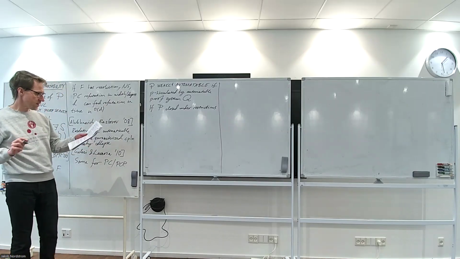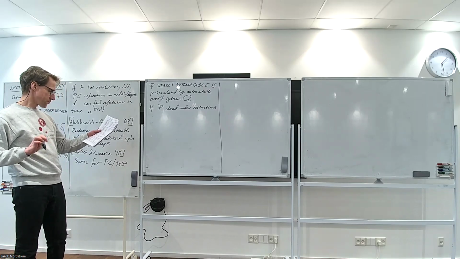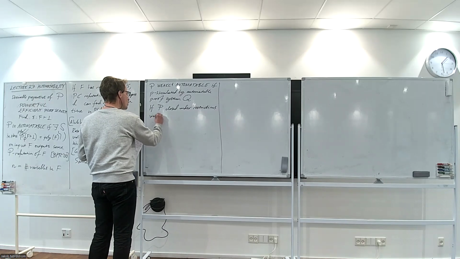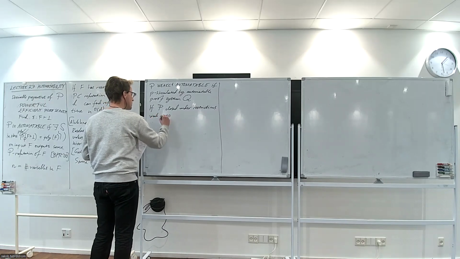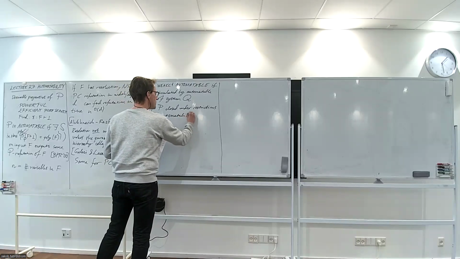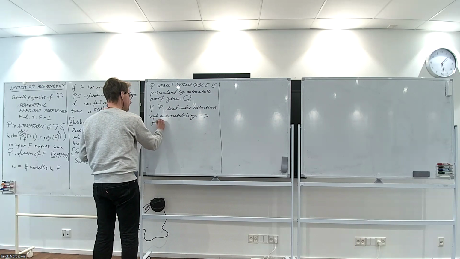So for any proof system that is well behaved in this sense, weak automatability implies feasible interpolation.